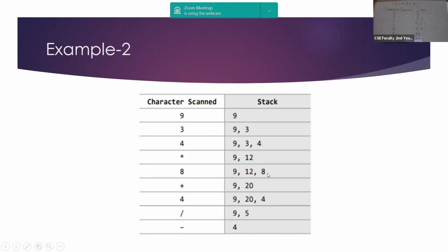So 9, 12, then 8. Now plus. So add 12 and 8, you will get 20. Then comes 4. So 9, 20, 4. Then divide. So you divide 20 by 4, you will get 5. And then minus. So 9 minus 5 is 4. So 4 is the final answer.